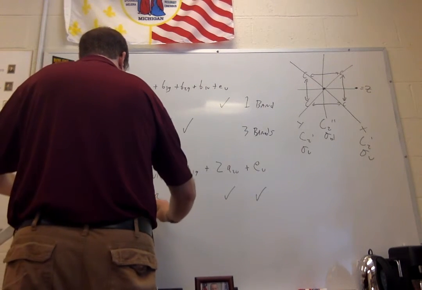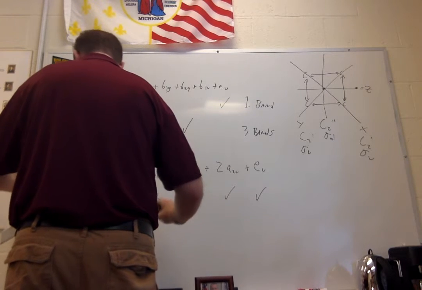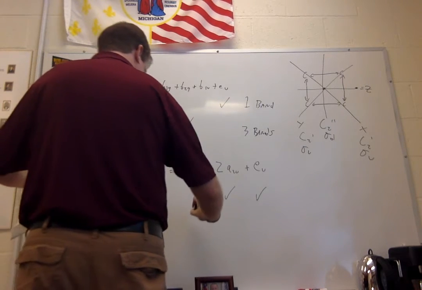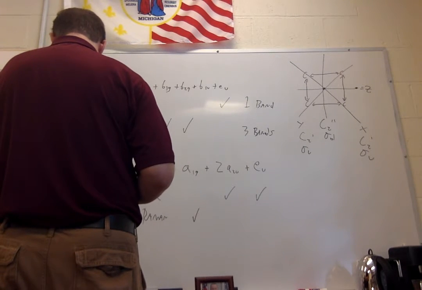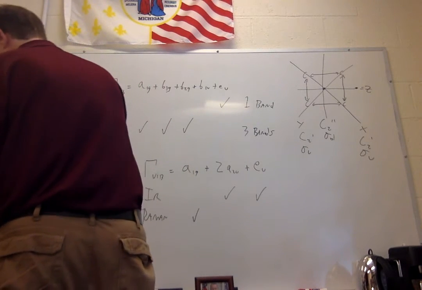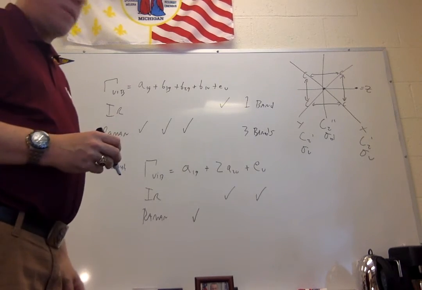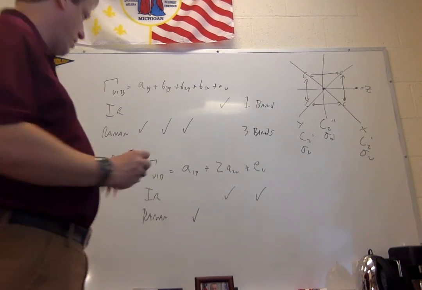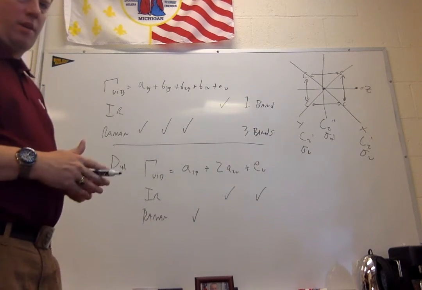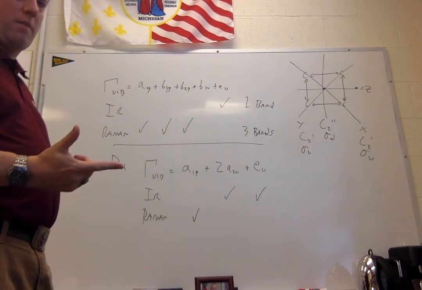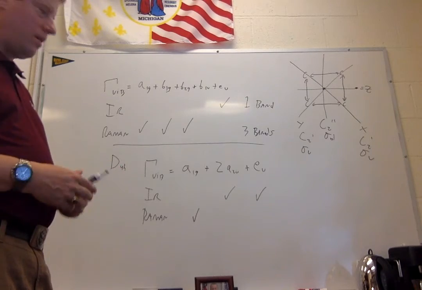In the Raman, A1G is Raman active, but the other two aren't. So how many bands does this translate to? Right? So you did all your work, you come down to here, you're getting ready to answer the question. It's got this many IR bands, it's got this many Raman bands.